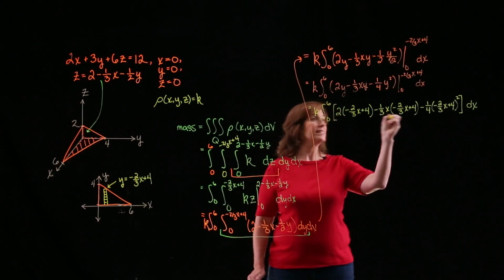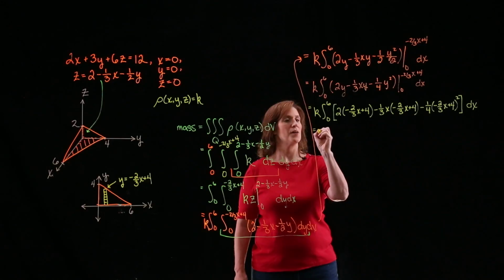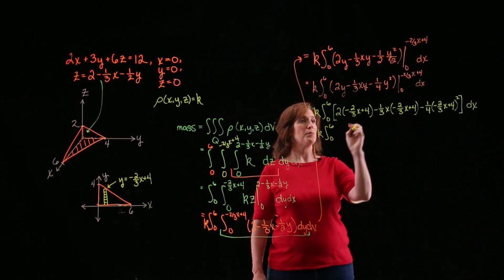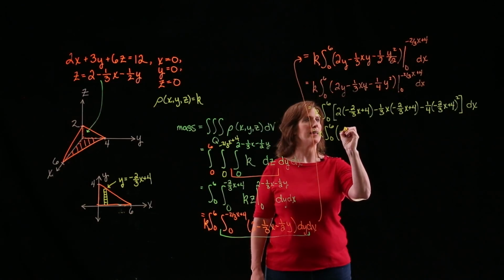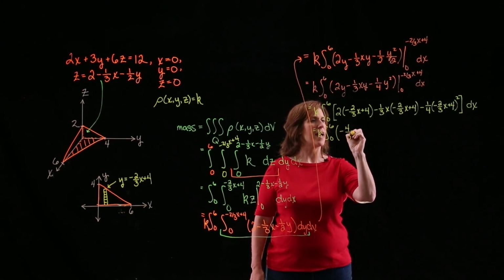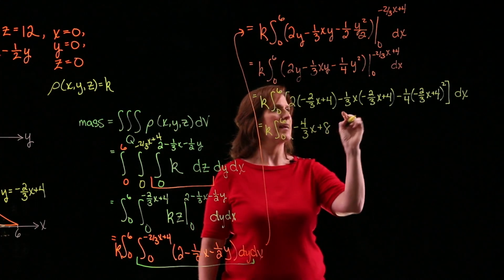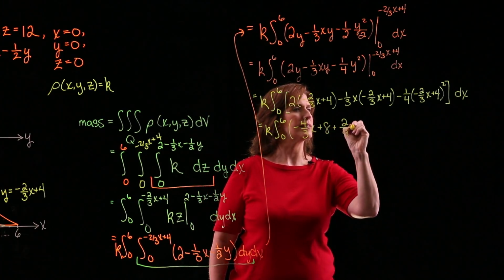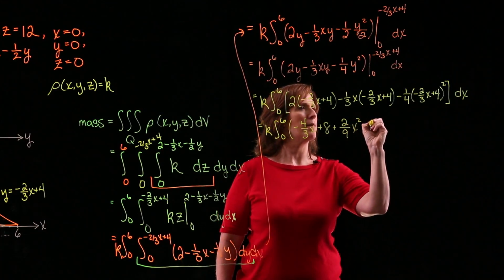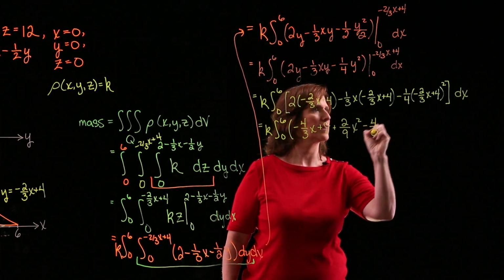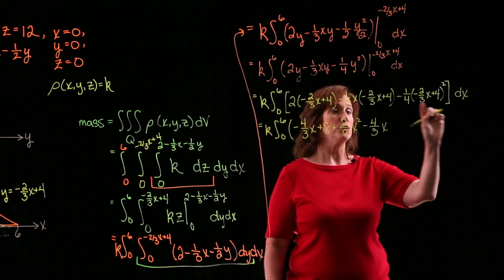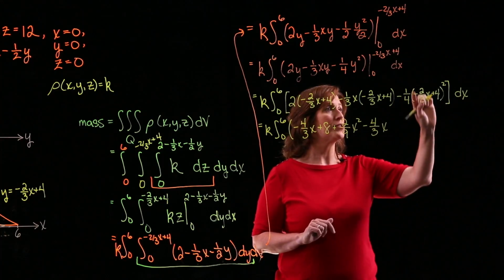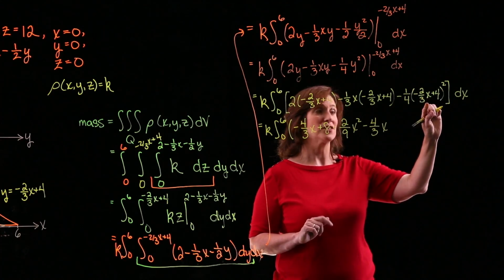All right, so now we need to simplify this integrand. So I'll have k times the integral from 0 to 6. Distributing the 2, I'll have a minus 4/3 x plus 8 and a plus 2/9 x squared minus 4/3 x. Now here I'm going to need to use FOIL and then multiply by a negative 1/4. So using FOIL, this term will give me 4/9 x squared.